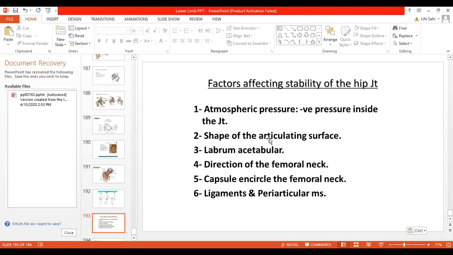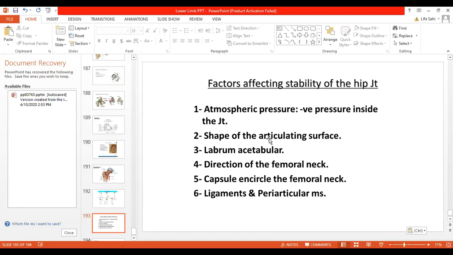Now let's take a look at some factors that may affect the stability of the hip joint. As we studied at the start of the topic, the hip joint is not only a highly mobile joint, but it is also considered to be quite a stable joint, unlike the glenohumeral joint, which is considered to be the body's highly mobile joint, but at the same time an unstable joint.